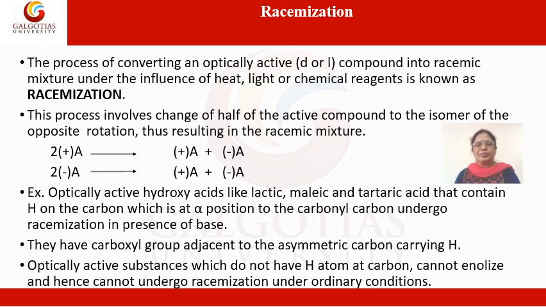For example, if we take any compound which is dextrorotatory, if we take 2 moles of A and carry out the reaction under the influence of suitable experimental conditions, then at the end of the reaction we can see that out of the 2 moles, 1 mole of the dextro isomer is converted into the levo isomer, and 1 mole is as such in the dextro form.